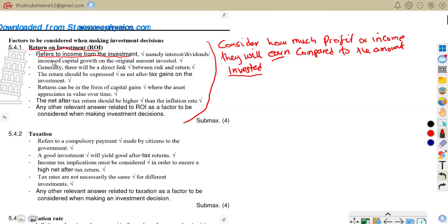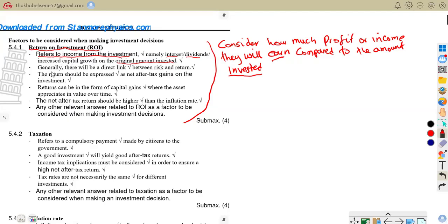That is why it says it refers to income from the investment, namely interest and dividends, and capital growth on the original amount invested.